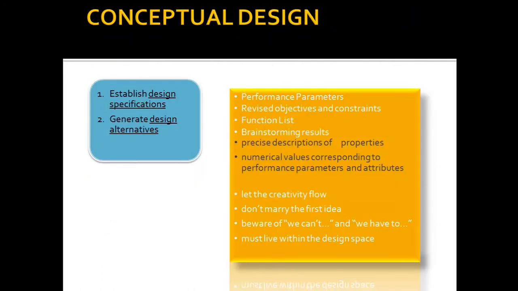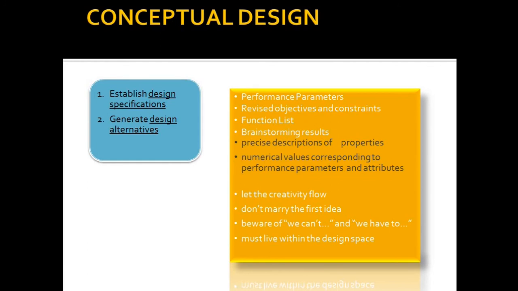Now, conceptual design, which I have already discussed, and I'd like to focus on this particular area. During the conceptual design, you need to establish some specifications. Design specification is very, very important. After that, you have to generate the alternatives, that is, how many variations you can keep.